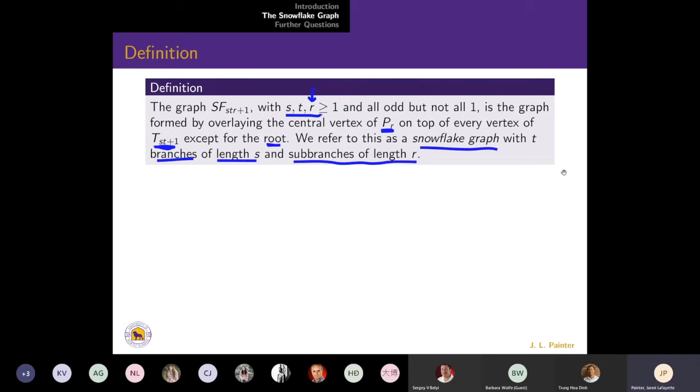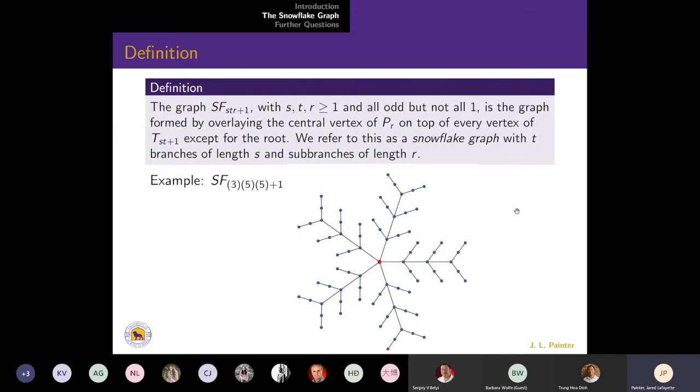So to give you a visual picture of what it looks like, this is an example of the snowflake graph, SF_{3,5,5+1}. So what I've got here is 5 main branches coming out of my root, and each of those branches initially consists of a path of length 3. So that's my s.